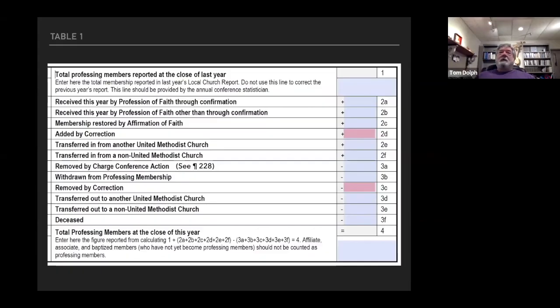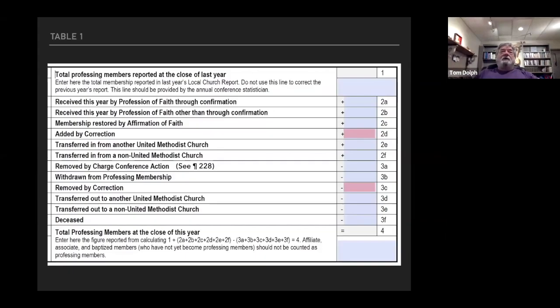Theoretically, you don't need numbers in both of those boxes. The net difference is all we're looking for. So, for example, if you find 6 names that shouldn't be there and 10 numbers that don't match, you don't have to put 10 and 6. Just put the difference of 4 in either the addition or the correction.